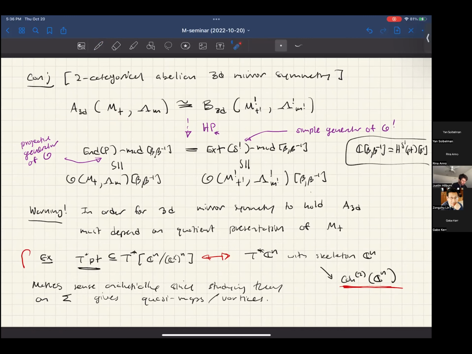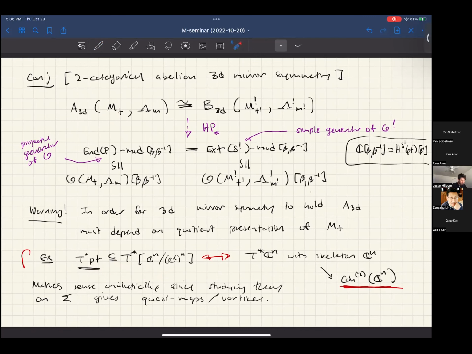This sort of thing is actually already very familiar because lots of people have studied things about 3D mirror symmetry. It's well known that when you're computing things on a curve, you actually see quasi-maps appearing. Kuznetsov studies quasi-map invariants of these hypertoric varieties and quiver varieties and other things.